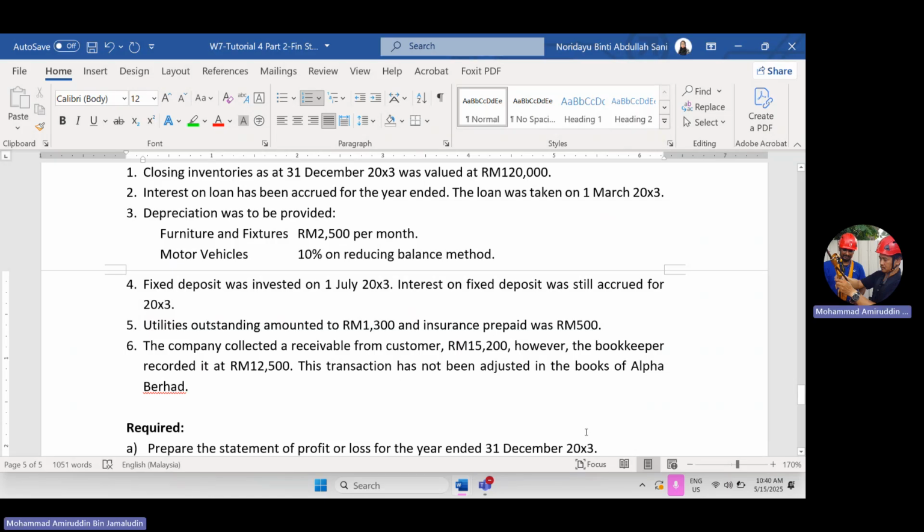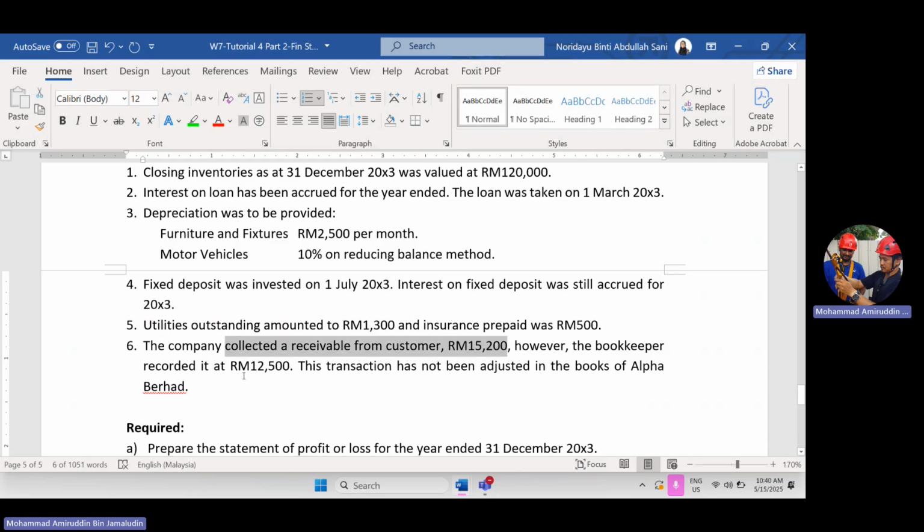Hey, wait. The company collected the receivable from customer 15,200. Oh, okay. Meaning you already collect the amount. What does it mean? Your receivable should be reduced. Be careful. So the difference by 2,700, okay, we should minus because we already collect 15,200.